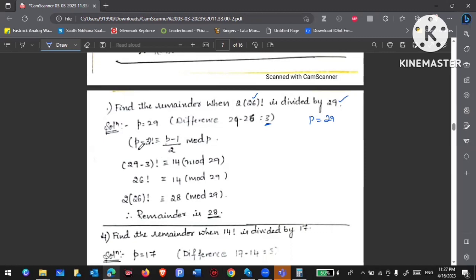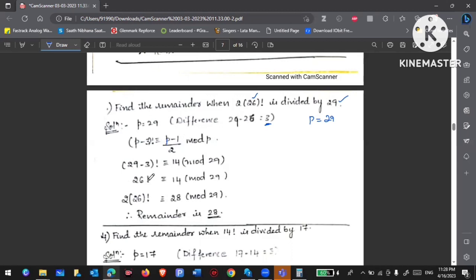Which formula? (P minus 3) factorial is congruent to (p minus 1) by 2 mod p. P value we know, that is 29. So (29 minus 3) factorial; 29 minus 1 is 28, 28 divided by 2 is 14, mod 29. Now this gives us 26 factorial congruent to 14 mod 29.